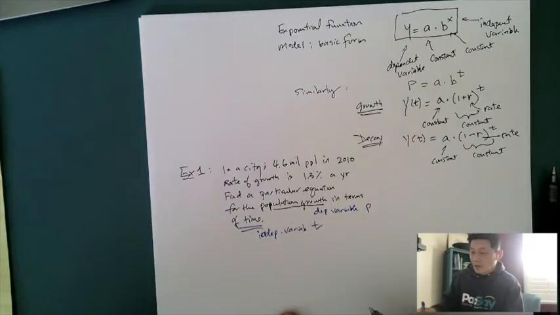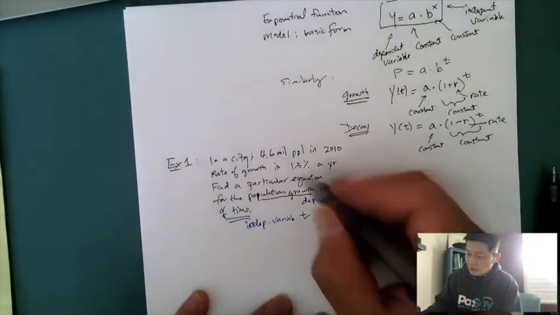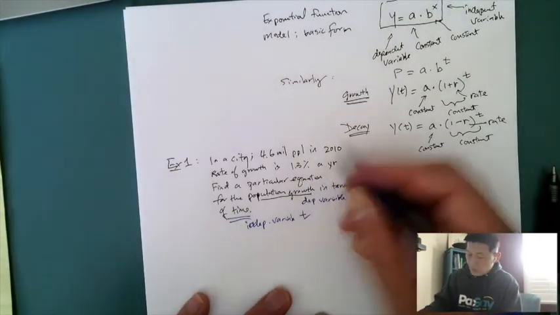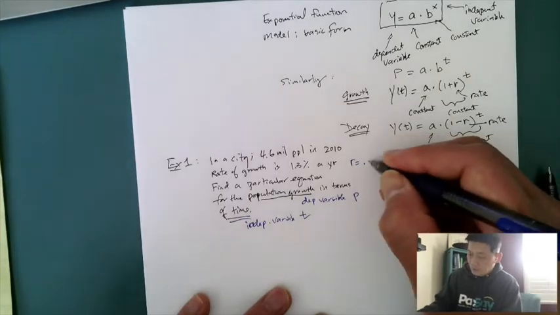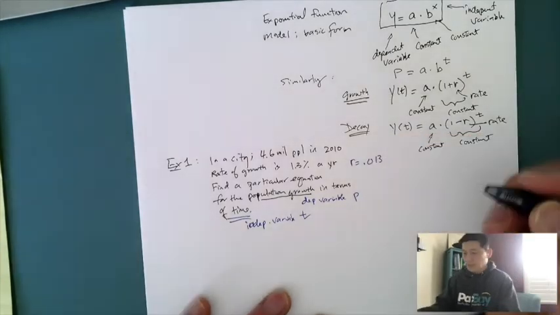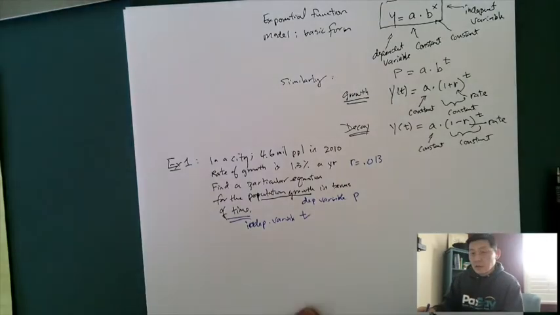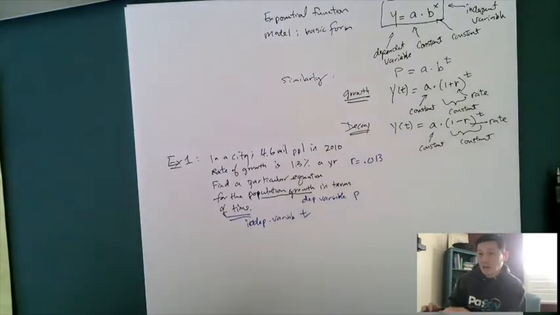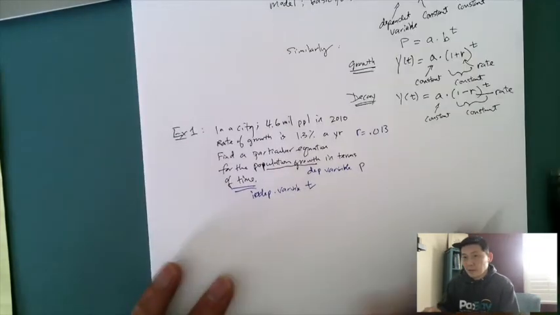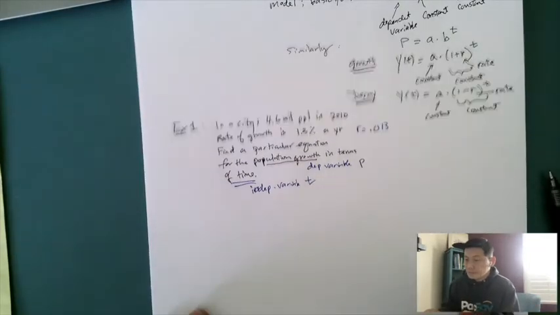Now, to further analyze this problem, growth, in this case R, is equal to 0.013, right, 0.013. Now, I'm going to explain this problem in two parts.